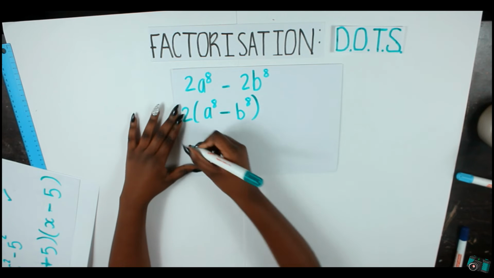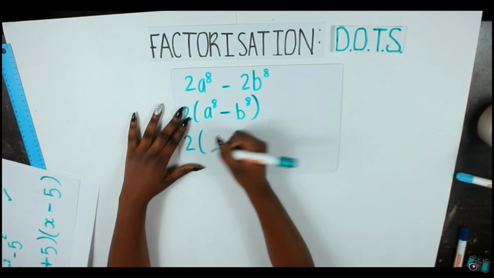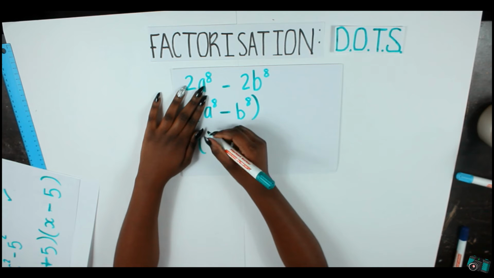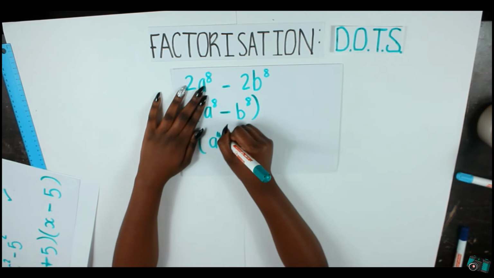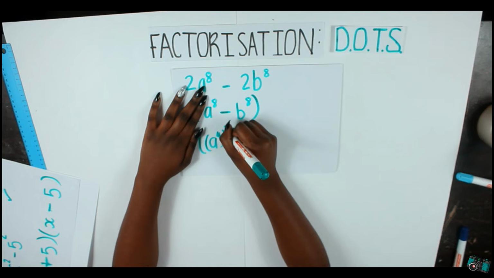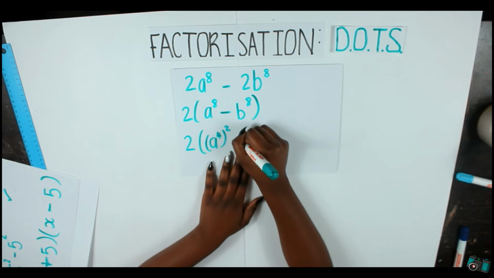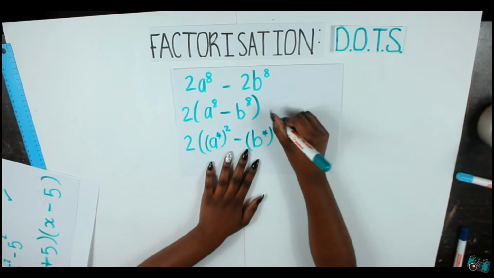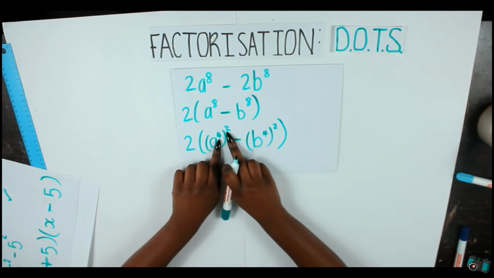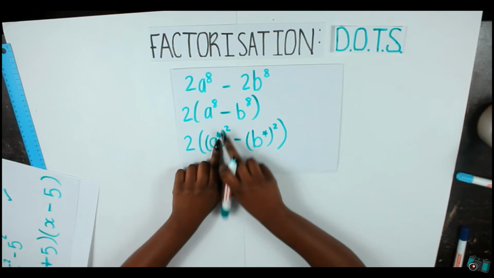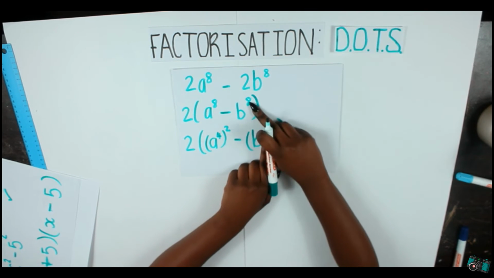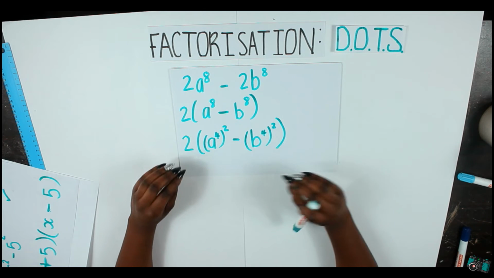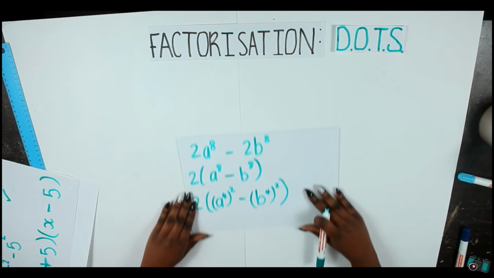So 2, a to the power of 4 to the power of 2 minus b to the power of 4 to the power of 2. If you were to multiply the 2 back in, 2 times 4 gets you back to 8. So you can get back to the answer, right? Everything is manipulated to the square.